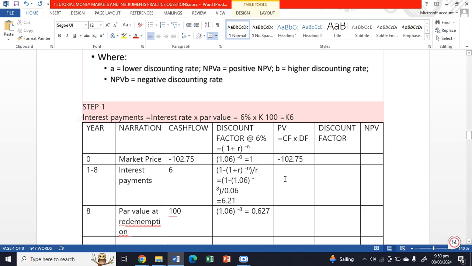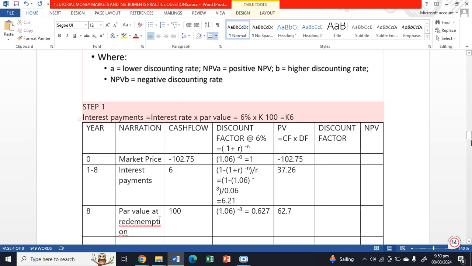Colleagues, what do we get when we get 6 multiplied by 6.21? I'm getting 37.26. Okay. 100 times 0.627, you get 62.7.